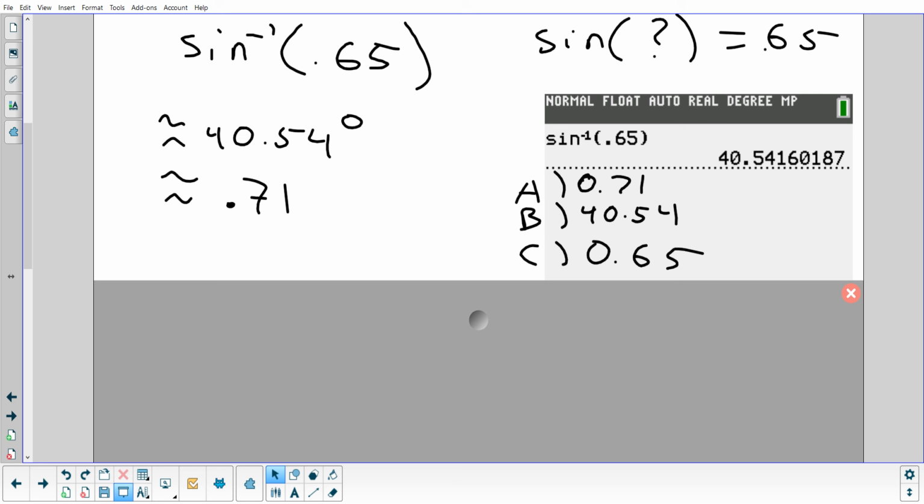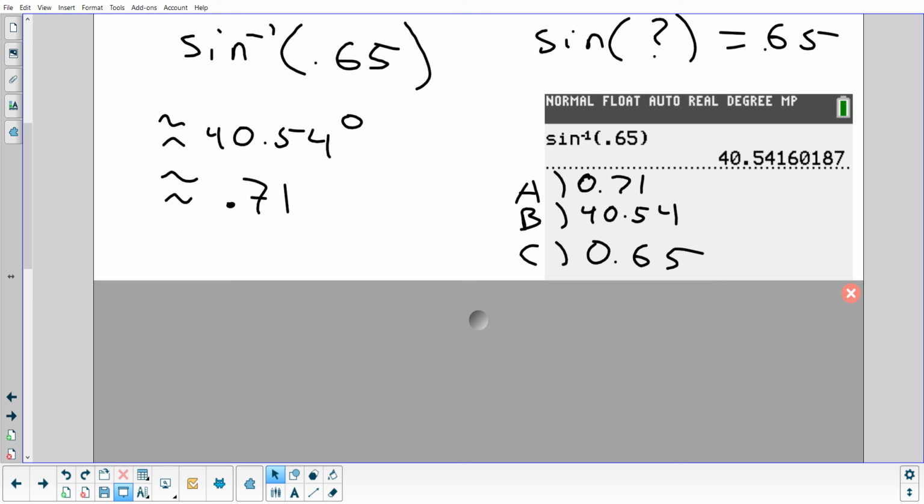Which one is correct? There was only one answer that's correct. Yep, Ellie? Wouldn't it be the 40.54 because you asked for the angle of the sine? In this case, it wouldn't be the 40.54. Oh, what? Remember, because I asked for an angle, right?